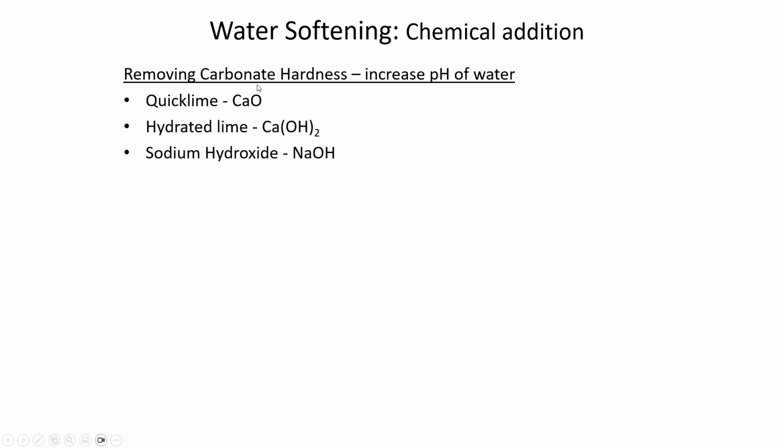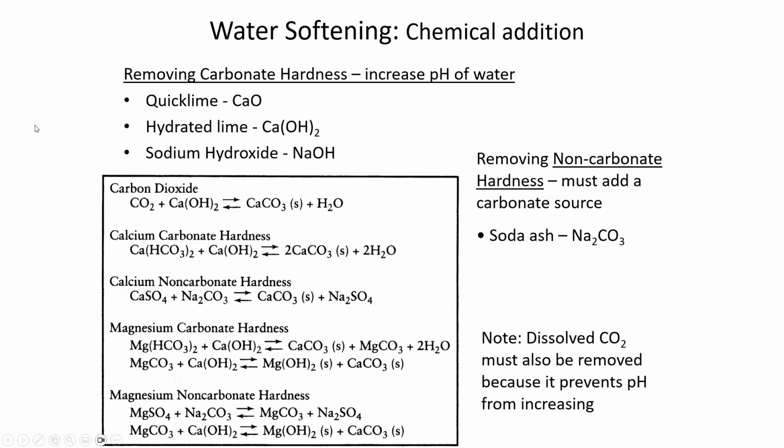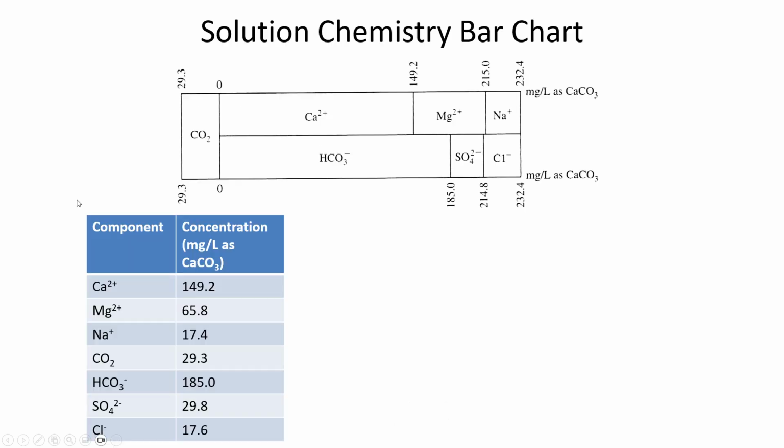So these are the chemicals which we could use to increase pH, and our book explains that adding soda is the source of the carbonate, and we're also having to overcome the dissolved carbon dioxide. So this is just a summary of the same things we've talked about in this slide. But this bar chart is an important way of visualizing it, and this is where we finally get to make use of this notion of "as calcium carbonate."